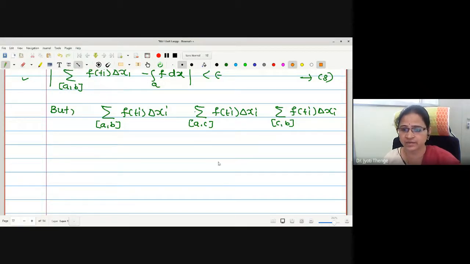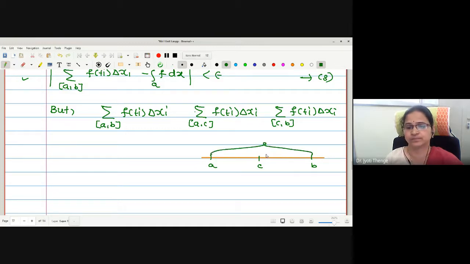Yes, can anyone guess this relation? This is the interval a to b we have. This is a to c. Initially we were considering the term f of ti delta xi on this whole interval a to b. Right? A summation was taken. Later the same term again. We were not changing the term. The term remains the same. And later we were considering the same term on which interval? A to c.